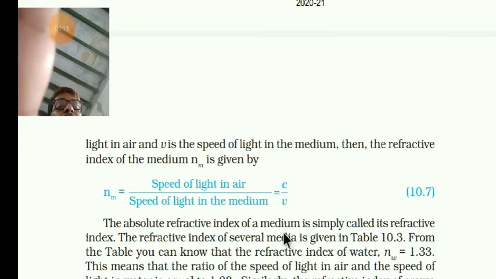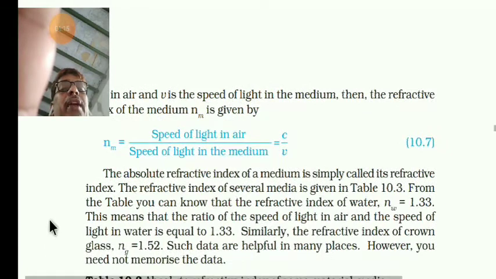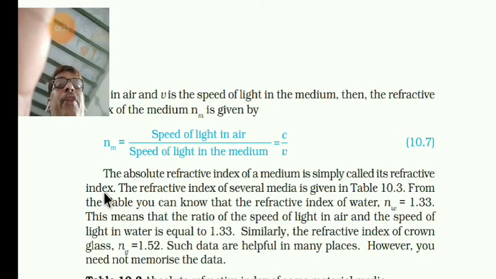So you have to write C upon V. The absolute refractive index of a medium is simply called the refractive index also.